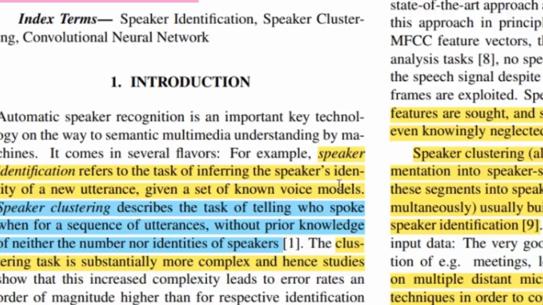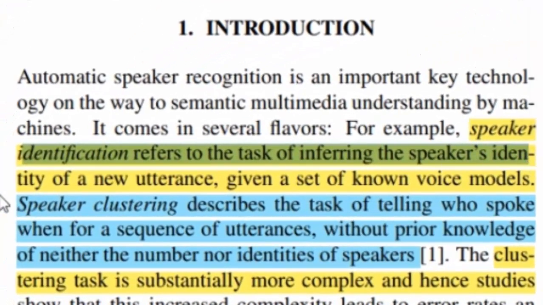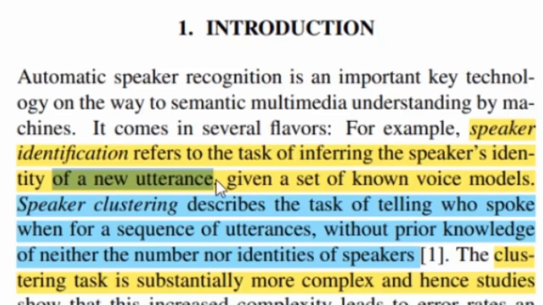So we talked about this. First of all, what is speaker identification? Speaker identification refers to the task of inferring the speaker's identity of a new utterance given a set of known voice models. So we have a set of voice models and a new utterance of speech, and we want to know which speaker is speaking.